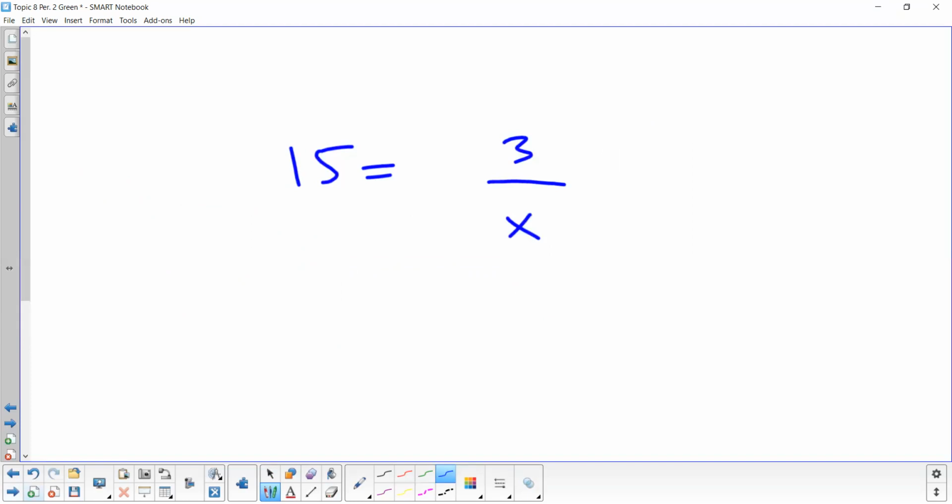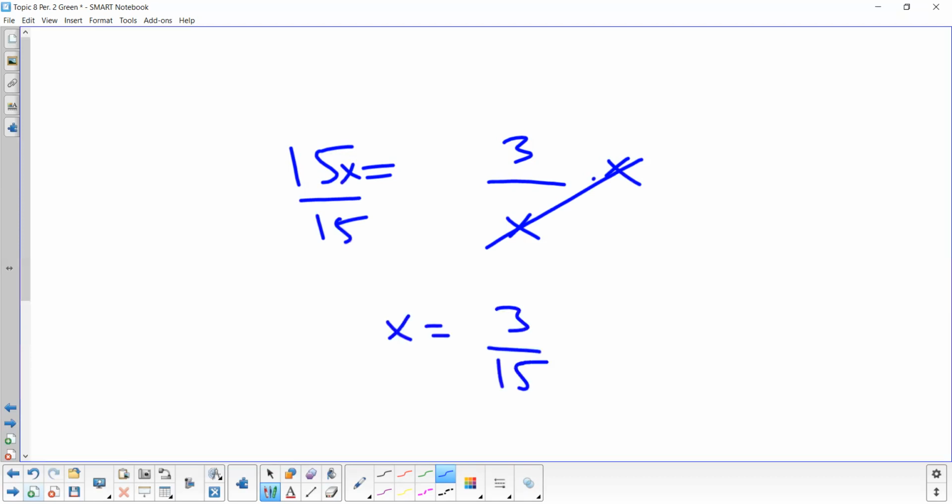Let's first multiply by x. Now x is out of the denominator. That helps us out a little. I got one move to do. How do I get x by itself if it's 15x? Divide by 15.